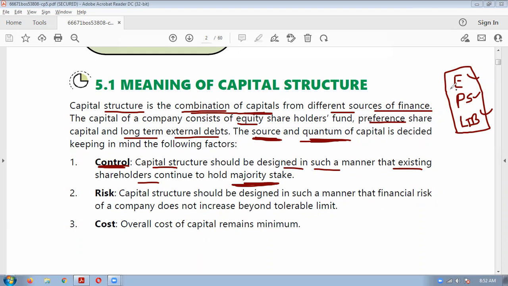We know that equity will give the controlling interest. Other types of investments will not give you the controlling interest: preference shares, debentures, and deposits. All these forms of capital investment will not give you the controlling interest in the company.